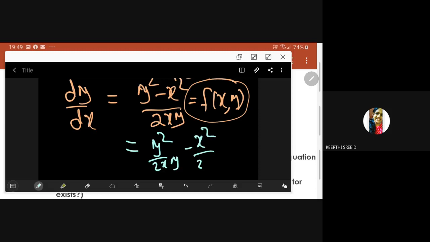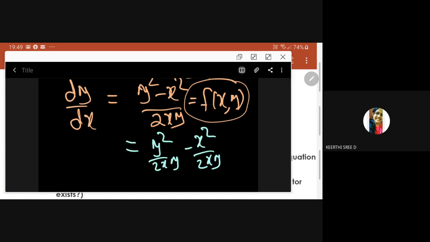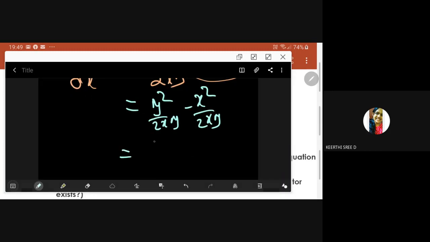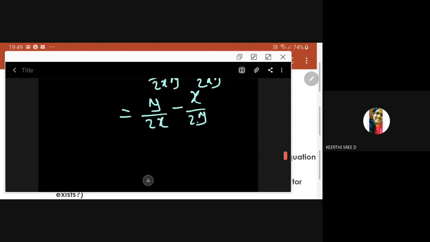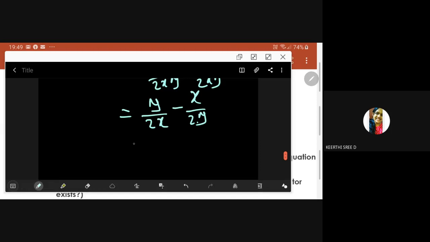So this is further equal to y by 2x minus x by 2y. This can further be written as half into y by x minus 1 by 2 into x by y.